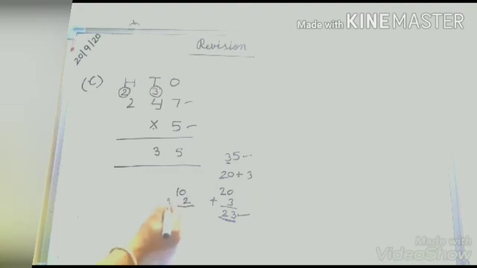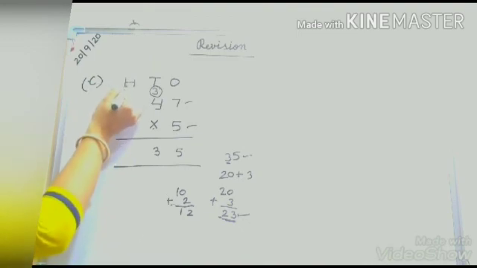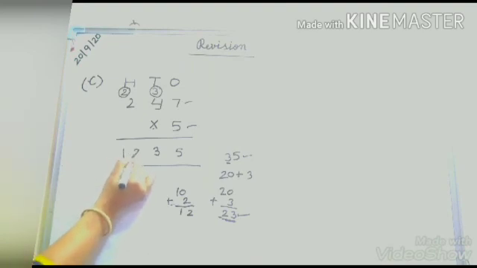So 2 plus 0 means 2 will come, and below the 1 there is no digit, so 1 will remain here. So 10 plus 2 is 12. Now in last, because after hundreds place there is no digit, we will write 12 together. Okay. So this is the product of these two factors.